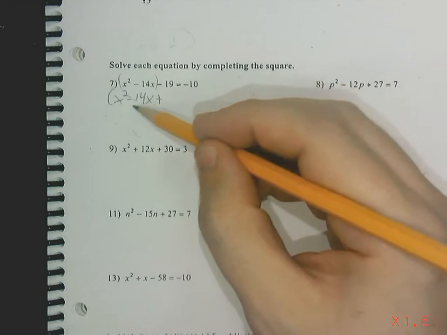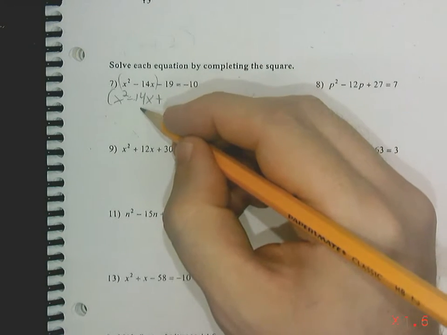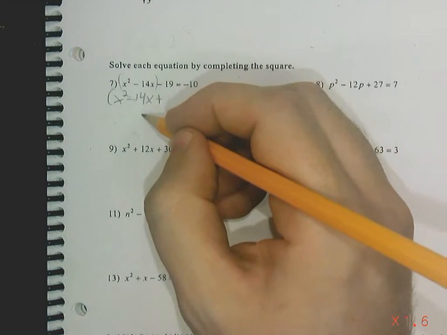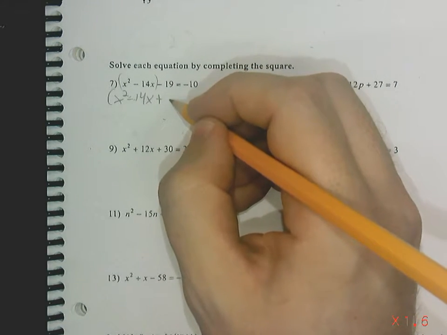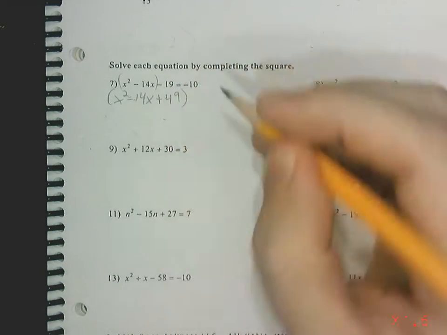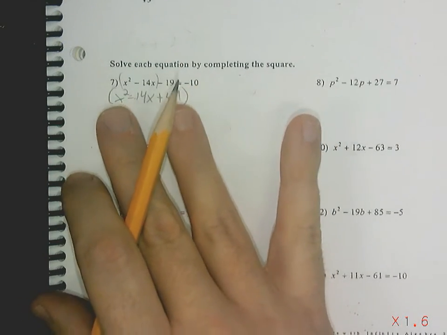If we divide that 14 by 2, we would get 7. That is what I need to square to get my third term. 7 squared is 49. That is what I'm doing to complete the square so I can factor that down.